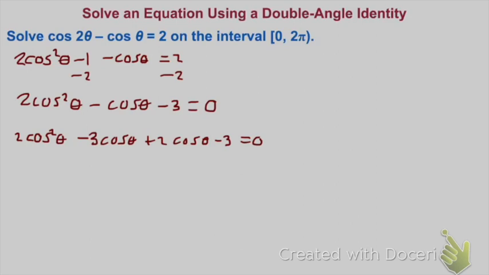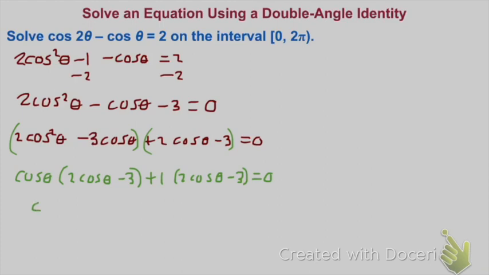So we did our split, we group, and we factor. Out of the first group, I can pull out a cosine theta. Leaves behind 2 cosine theta minus 3. Last one, I can pull out a plus 1. We get 2 cosine theta minus 3.